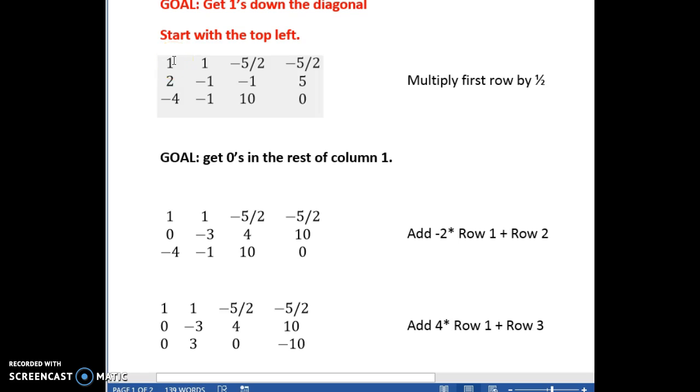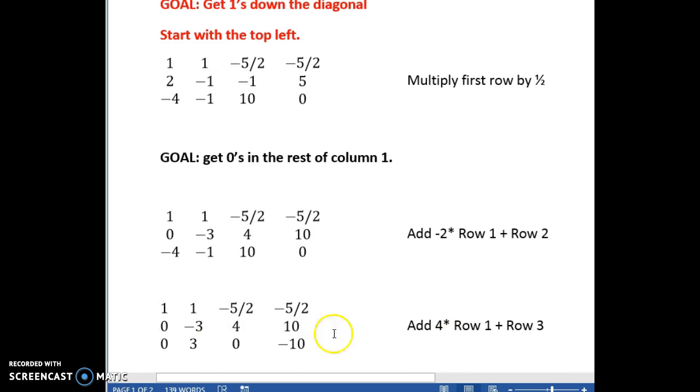So negative 2 times 1, add that to 2, you get the 0. Negative 2 times 1 here is a negative 2, add another negative 1, you get negative 3. Negative 2 here gives you a positive 5, add the 1, you get a 4. Negative 2 here gives you a positive 5, add the 5, you get a 10. And I didn't change row 3 at all.